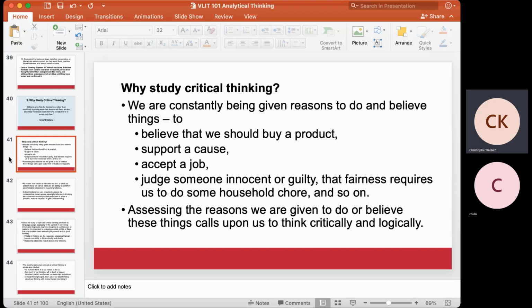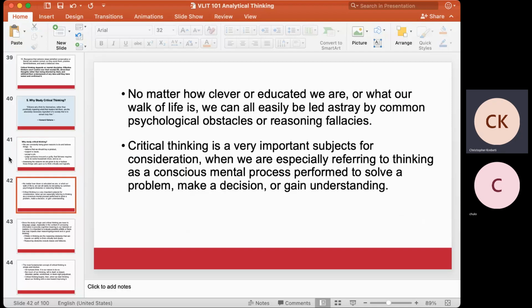So we are studying critical thinking because of this. Assessing the reasons we are given to do or believe these things calls upon us to begin to think logically and then critically. No matter how clever or educated we are, or what our walk of life is, whether you are a politician, you are this, you are that, we can all easily be led astray by common psychological obstacles or reasoning fallacies.